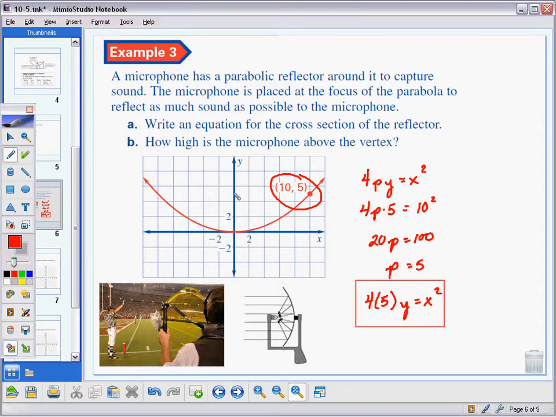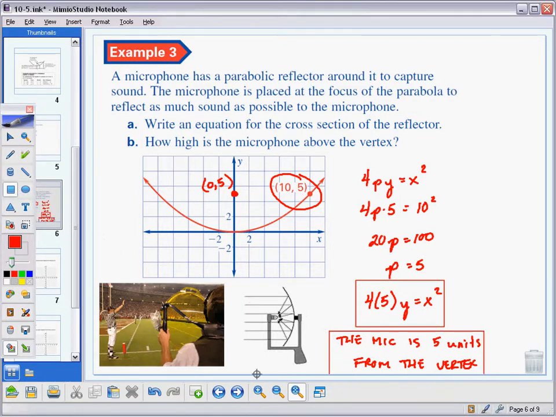So I could go up to where that is and draw it in, and I would say the mic is 5 units from the vertex. There we go. Nice little application of parabolas.